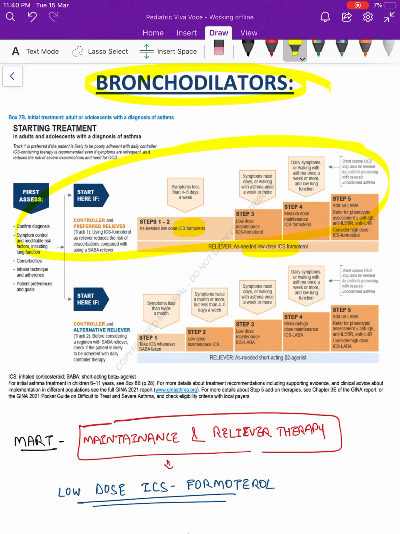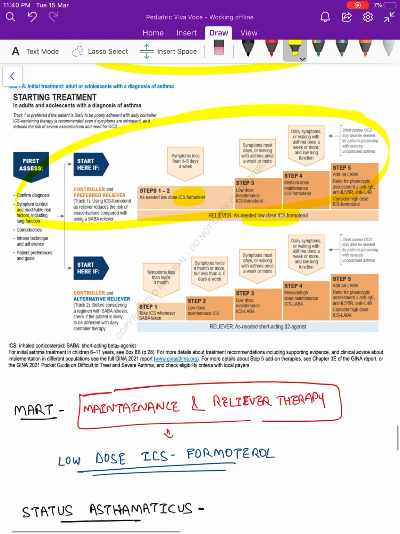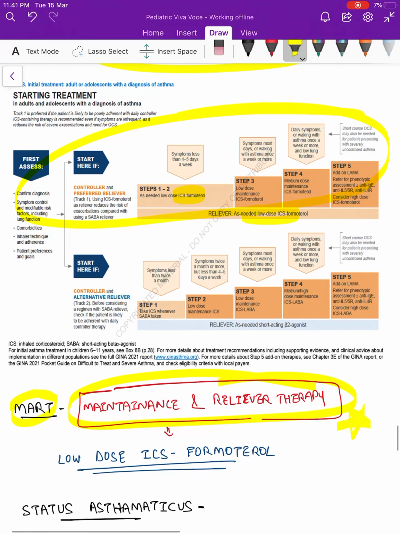Previously the reliever used to be a short acting beta 2 agonist and the controller used to be an inhaled corticosteroid, but presently both reliever as well as controller is inhaled corticosteroid with formoterol. That is called MART therapy, the full form being maintenance and reliever therapy. This has been recently introduced and will be asked in your viva.